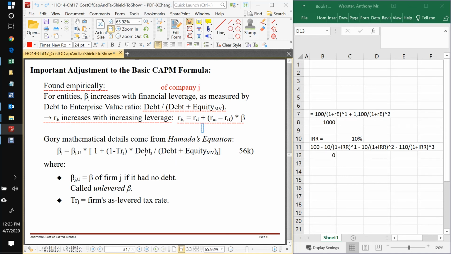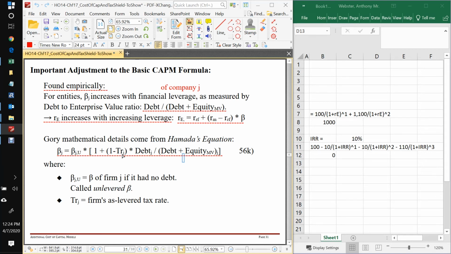Okay, so you don't need to know the gory mathematical details, but I just want to show them to those of you who are interested. This is pretty well modeled actually in something called Hamada's equation. And the key thing to note here is that beta is increasing as this debt to enterprise value ratio increases, where beta J comma U is the beta of the firm if it had no debt, and that's called the unlevered beta.